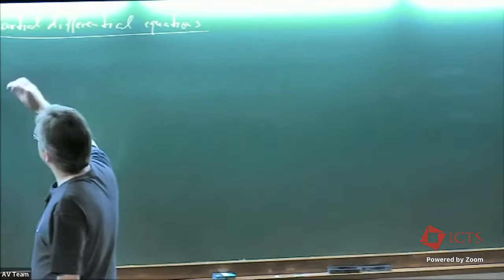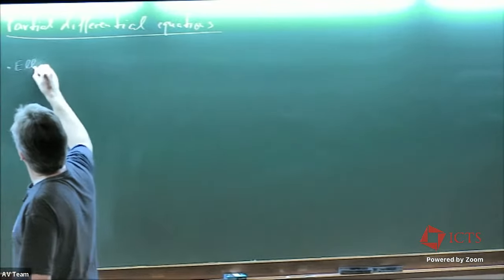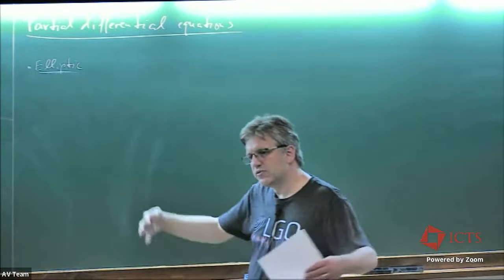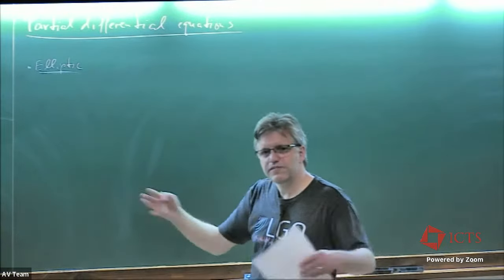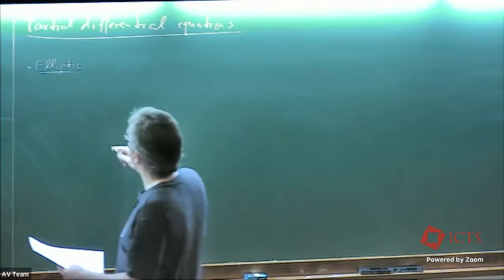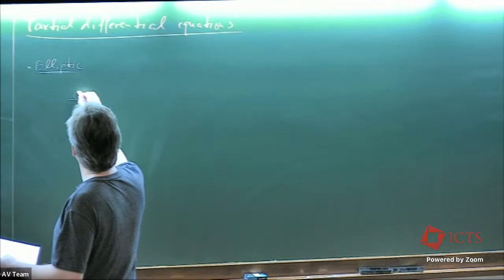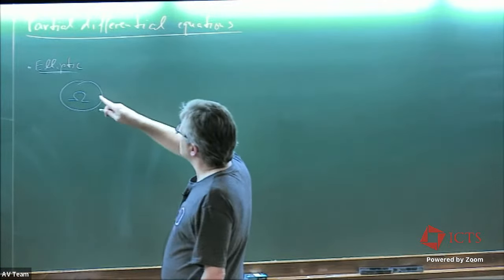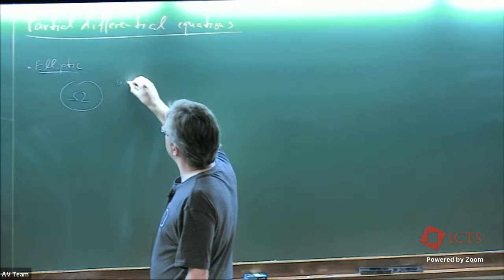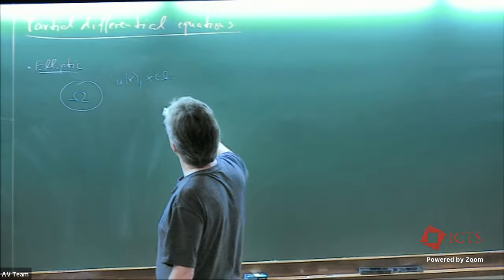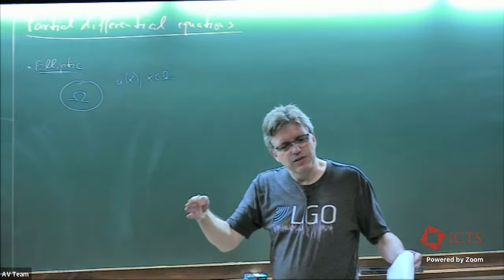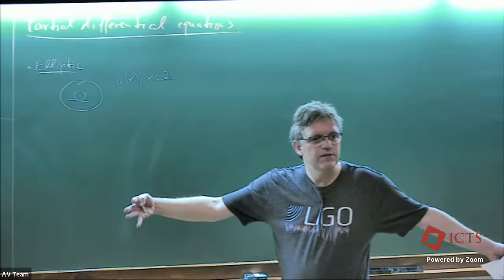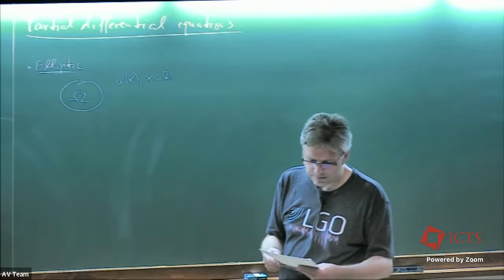So the first type of equation are elliptic equations. Those are boundary value problems where you have some domain omega and you're solving inside this omega. So you're solving for u of x in omega. That might be a line. In our case, it's always a line. It might be a square, a circle, or it might be the entirety of R3, the full space we have.